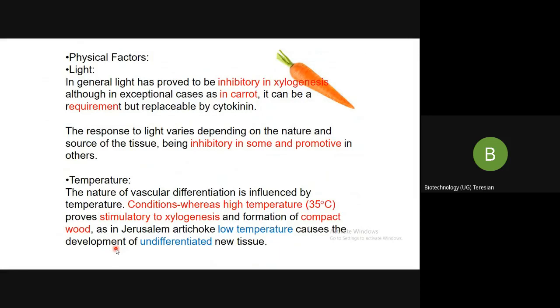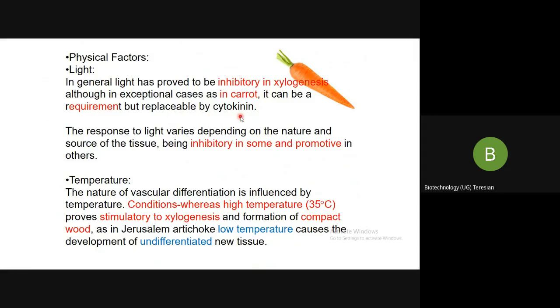Now let us look into the physical factors. Light. In general, light has proved to be inhibitory in xylogenesis, although in exceptional cases, as in carrot, it can be a requirement, but it can be replaced by cytokinin.